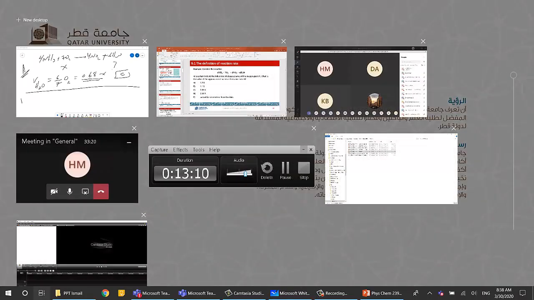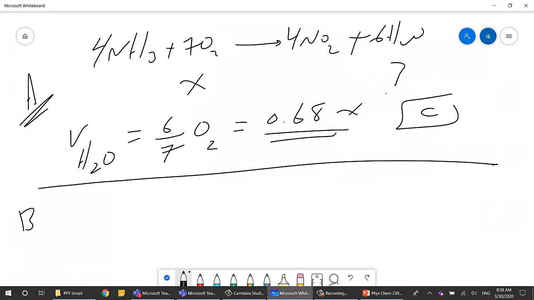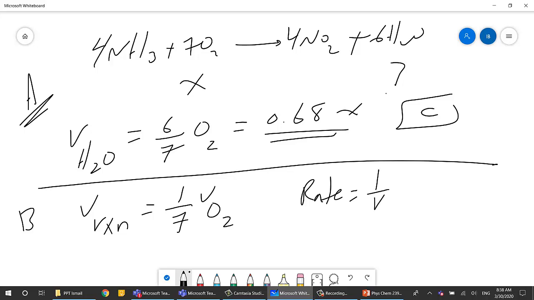Now you can do it in way B, where you find the rate of the reaction, the way I was solving it before, and this is the safest way. The rate of reaction is 1 over 7 of the rate of O2. This is the one we know, okay? Because we know that the rate of the reaction is equal to 1 over the coefficient times d[O2] over dt.